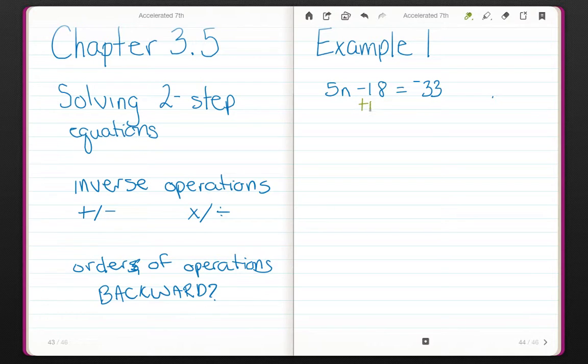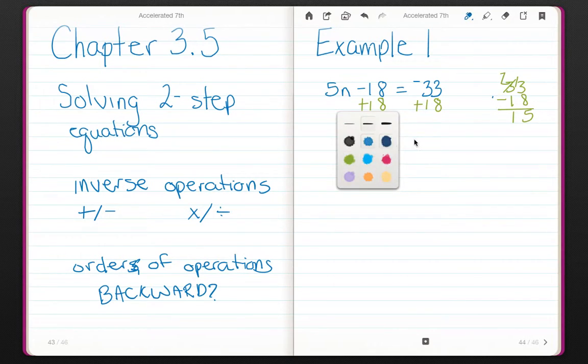So I'm going to add 18 to both sides because I'm trying to get 5n by itself. So 33 minus 18, 13 minus 8 is 5. So 5n equals negative 15.